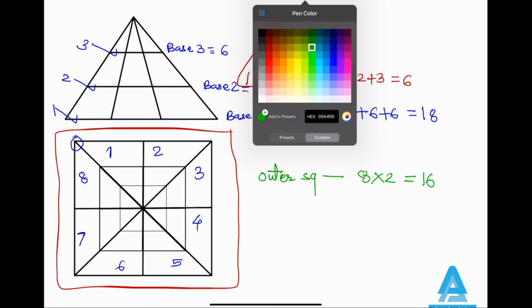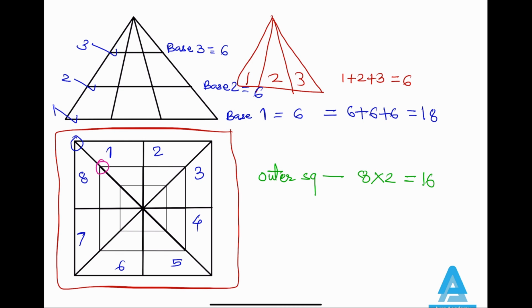Now for the middle square, it is again going to be 1, 2, 3, 4, 5, 6, 7, 8, so 8 multiplied by 2, that is 16.